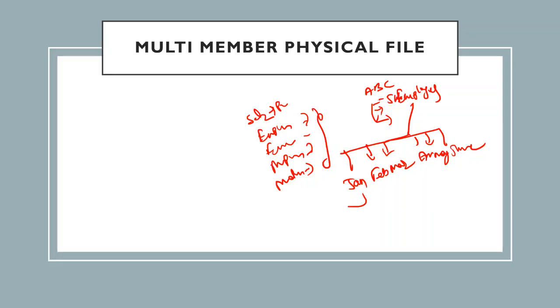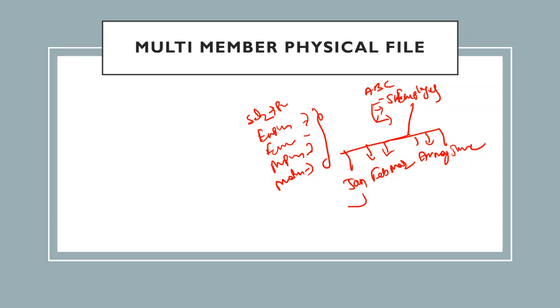But I don't want to create a separate physical file for January, February, March, because then it will be 12 files. I don't want to create a separate file each month. Instead, the data structure will be the same for every month.